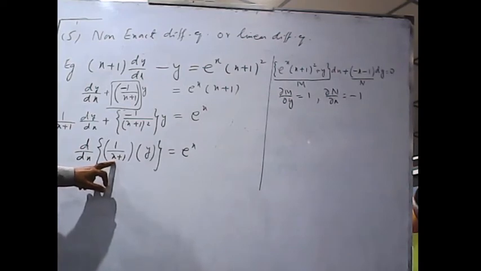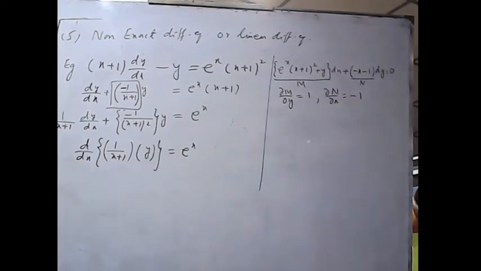How to find the derivative of 1 upon x plus 1? You consider 1 upon x plus 1 as x plus 1 whole power minus 1. Then the derivative of an algebraic expression: power multiplied, minus 1, then x plus 1 with power minus 1 minus 1, which is minus 2.